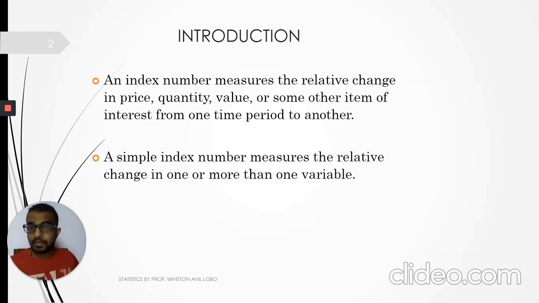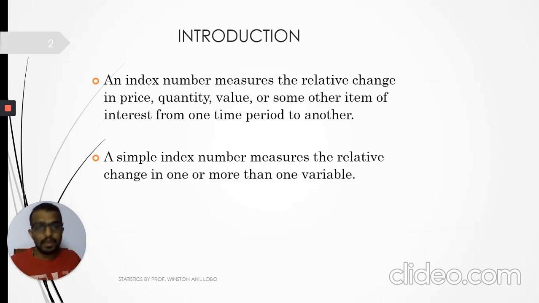During my time, 10 rupees was more than enough for everything. So we compare the price or value of money, how much it was before and how much it is now. Time period before and time period now.